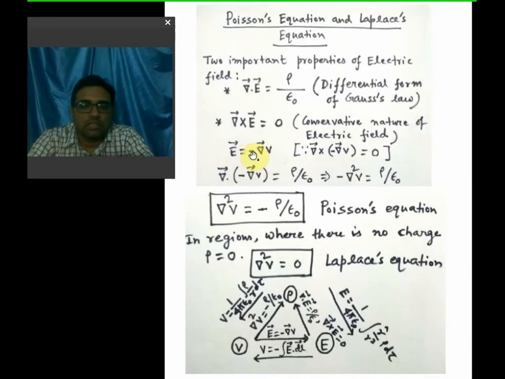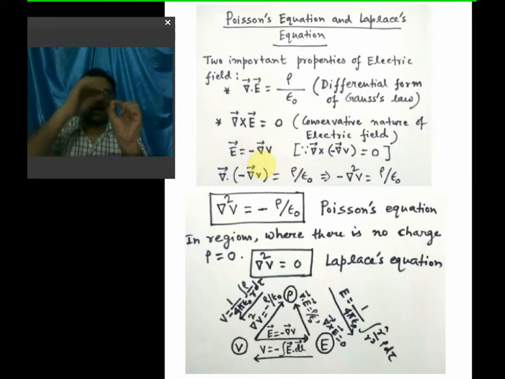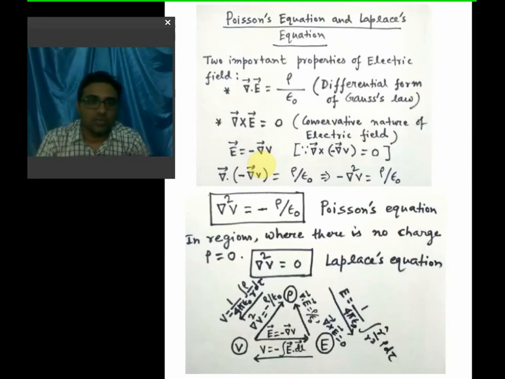Now why is this minus sign coming? Because all the equipotential surfaces, if a charge is there and you go radially outward, are spherical in nature, and the value of the potential will decrease as you go further. But the direction of the electric field is radially outward. That's why the minus sign is there, because the gradient of any scalar field means the space rate of increase of that scalar field.